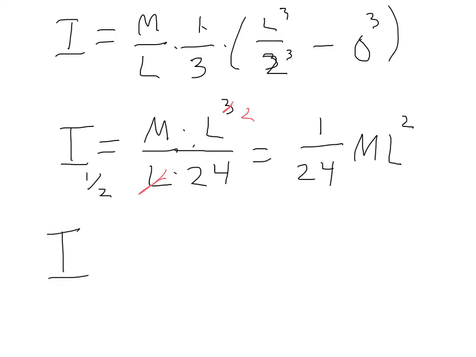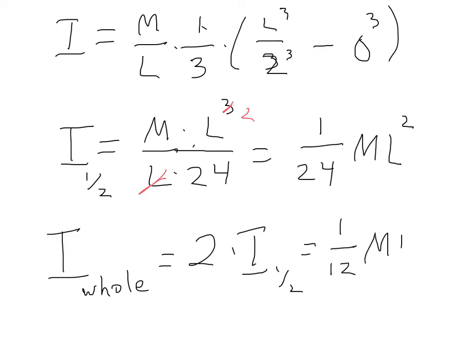So the whole stick, kind of a goofy subscript, would be twice that much. 2 times whatever the half stick is, and that is the 1/12 ML squared, which is exactly what you're going to find on every chart or table, whether it's in our textbook or any other reference that you would use.